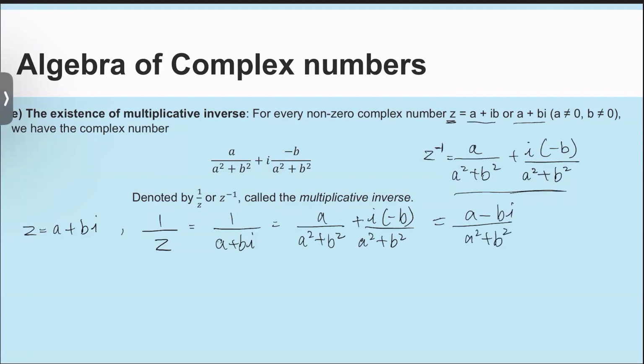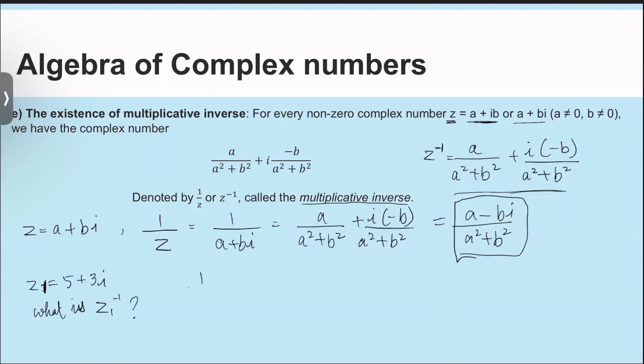So whenever you want to write the multiplicative inverse of a complex number, you can directly write it in this form itself. So considering z1 is equal to 5 plus 3i, you have to find the multiplicative inverse of z1.